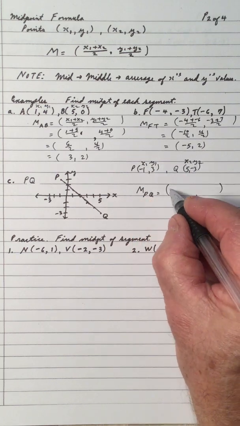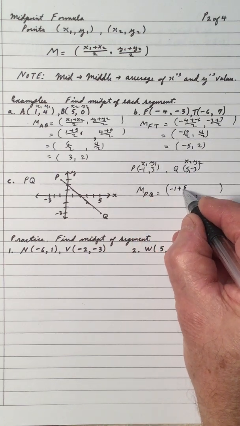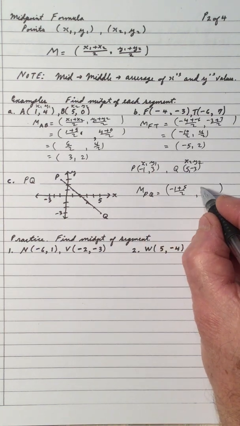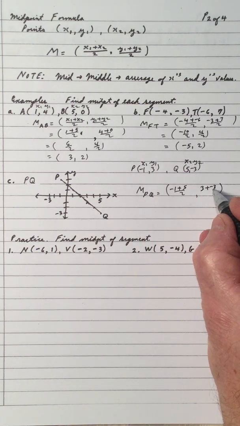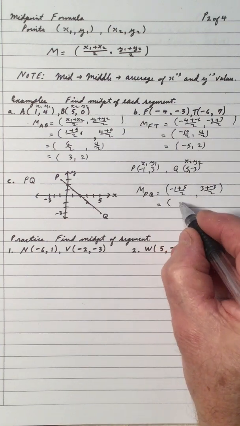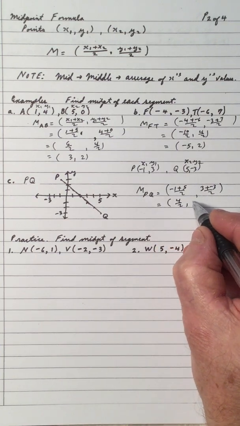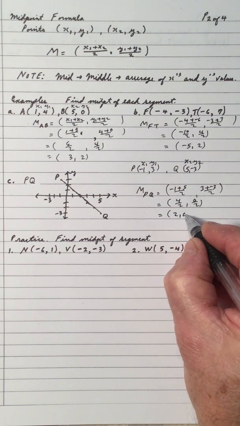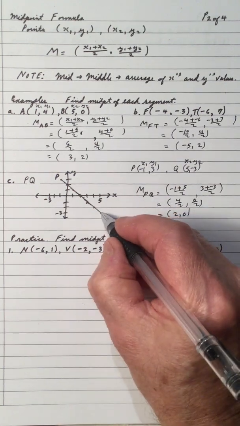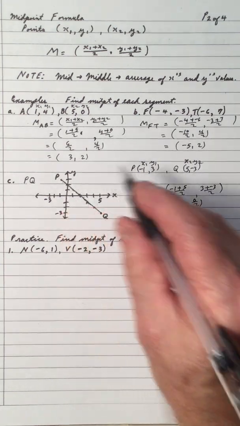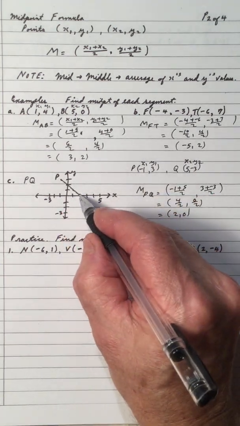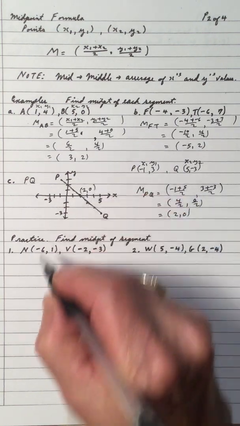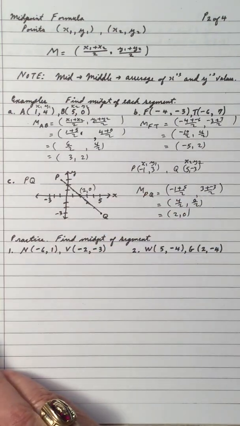X1 plus X2 is negative 1 plus 5 over 2, and 3 and negative 3, so it's 3 plus negative 3 over 2. That's 4 over 2, 0 over 2, so it's 2 comma 0. So as you can see, here's P and Q, and halfway is right there. So that's the midpoint of 2, 0, right in the middle.